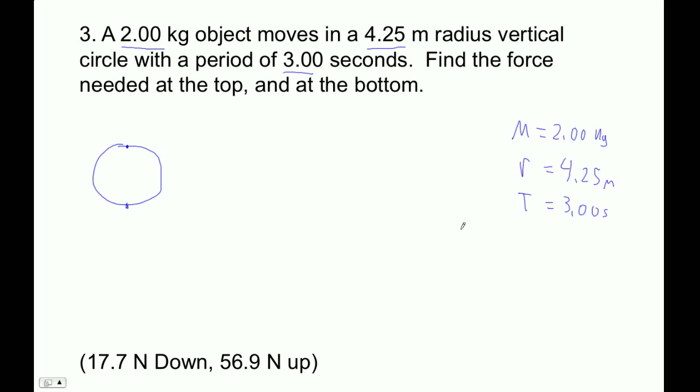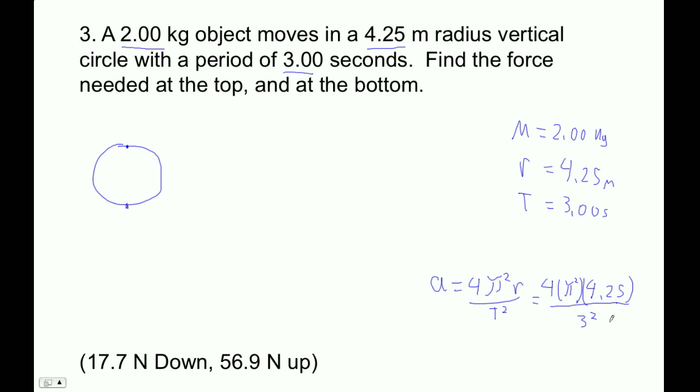I think the first thing to do is to figure out the actual centripetal acceleration. So let's do that first. I'm going to use a = 4π²r / T². That's 4 times π² times, what's our radius? 4.25, divided by 3 squared.